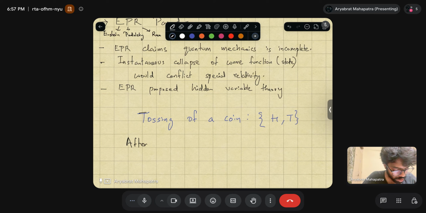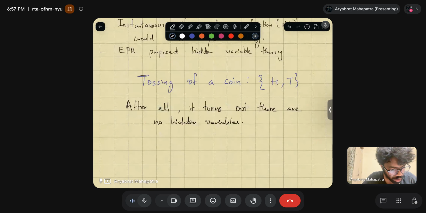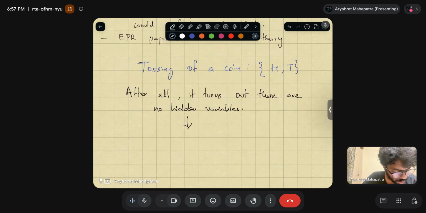But it turns out there are no hidden variables. This was proved by John Bell, with an experiment known as Bell's experiment. There is also a mathematical proof which we can give here, Bell's inequality.